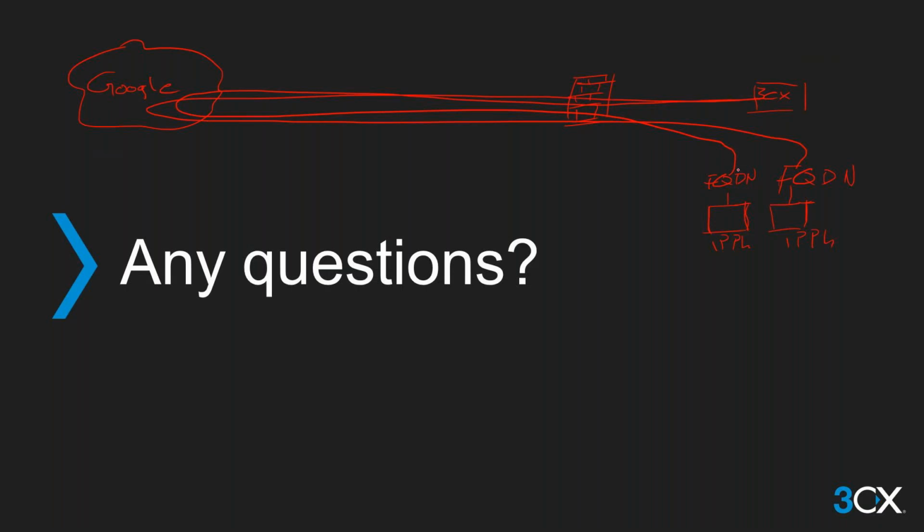So the firewall resolves the FQDN of the 3CX to the public IP of the 3CX. So literally, what happens?